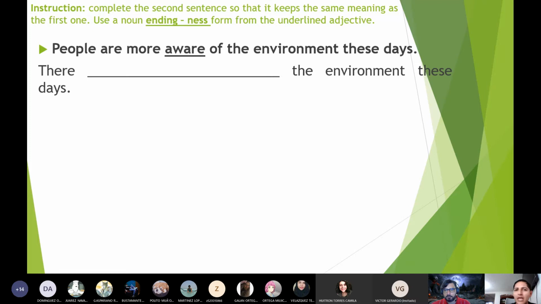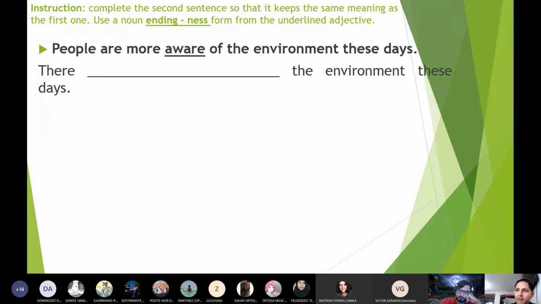Now, in order to be able to deconstruct words and to match the words which are related to different parts of speech, we need to work with these three dimensions: form, use, and meaning.